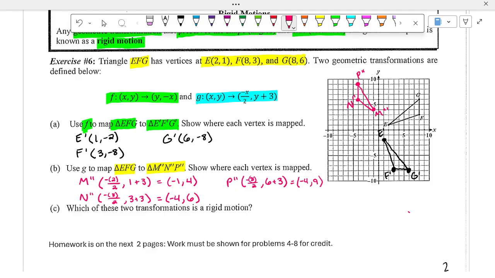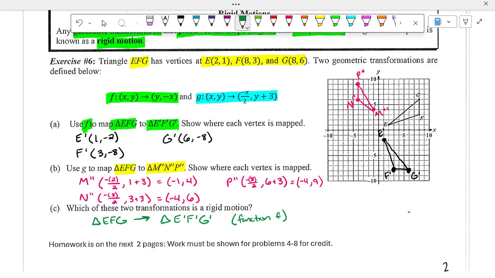So triangle EFG to triangle E prime, F prime, G prime, that was a rigid motion, and that was using function F. In other words, function G is not the rigid motion.